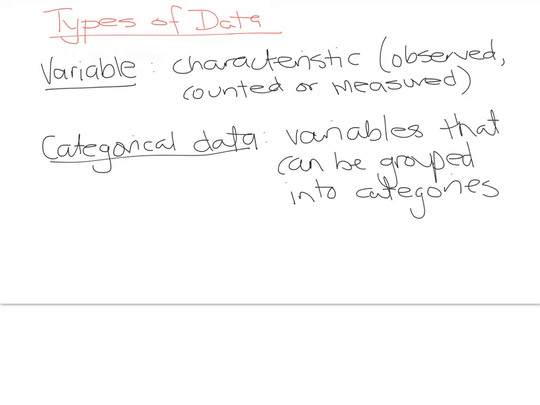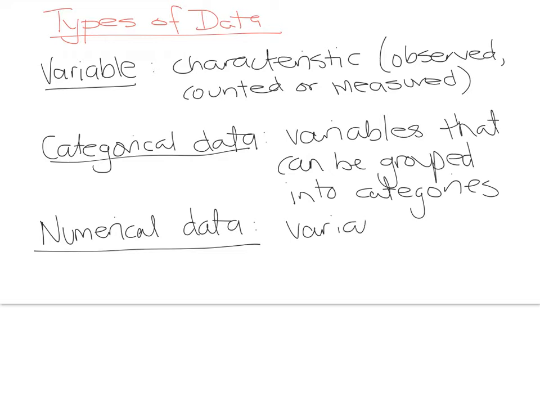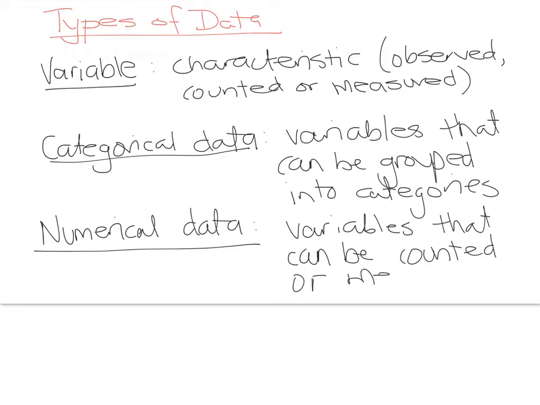Now, the other type is numerical data. Numerical data provides information about variables that can be counted or measured. Numerical data can then be further classified as discrete, which means you can count them, or continuous, meaning you could measure them.